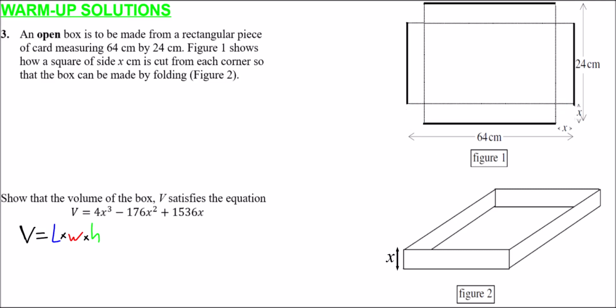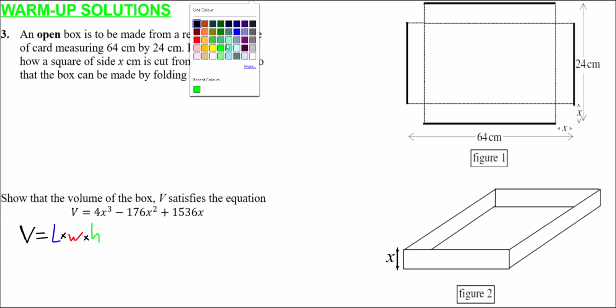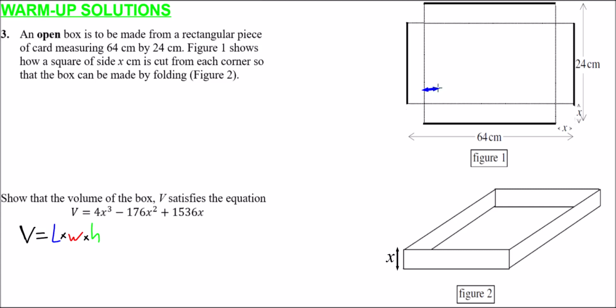So the length of the base from one end to the other is going to be this. Initially the whole length was 64, but that's x and this is x as well, so what's left in the middle will just be 64 minus 2 lots of x.